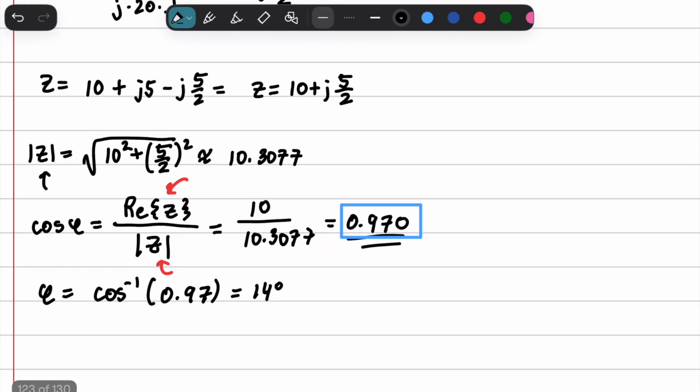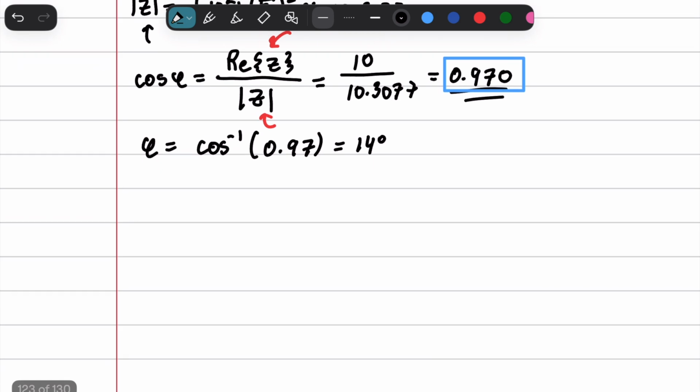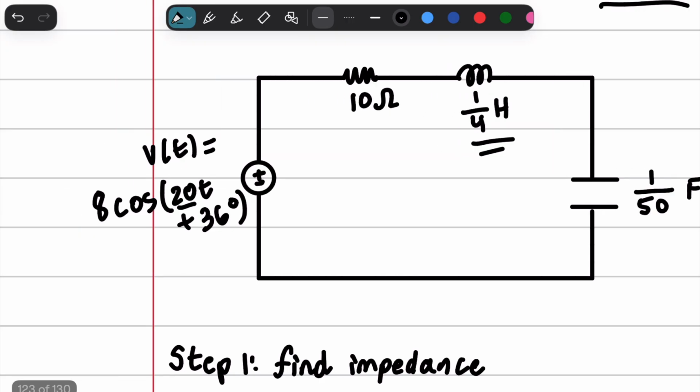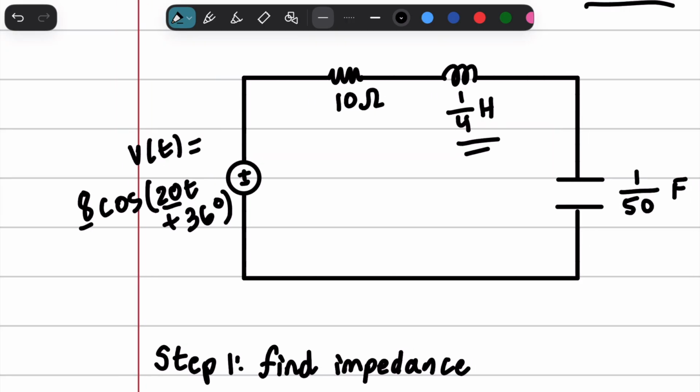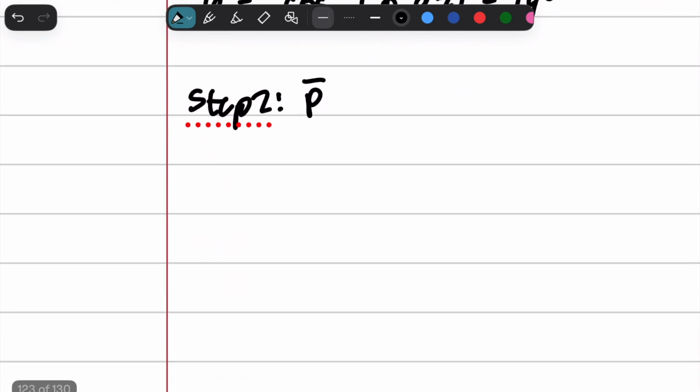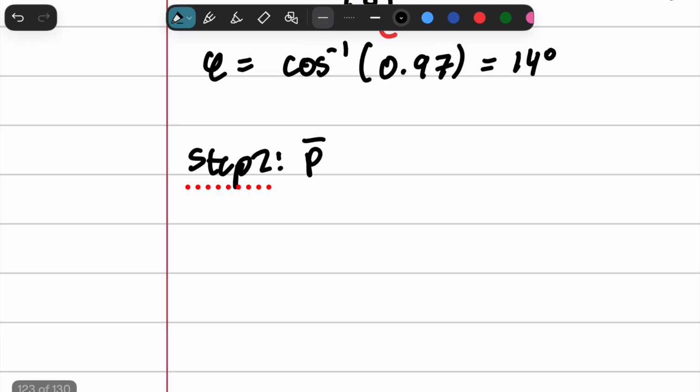But now that we have the power factor, we can use one of our equations, so step 2, to find the P average. And we know from our voltage right here that this is the maximum amplitude, and then it's going to be oscillating around that. And so Vm is going to equal 8 volts.